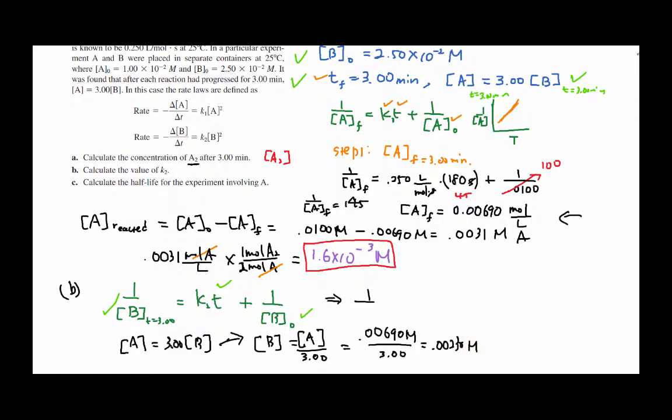So that goes here. 1 over 0.00230 equals, we don't know k2, which is what we are looking for, again keep seconds, plus 1 over initial, that's our initial, 2.50 times 10 to the negative 2.